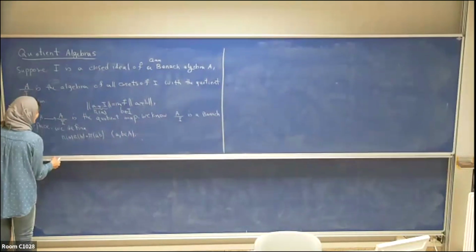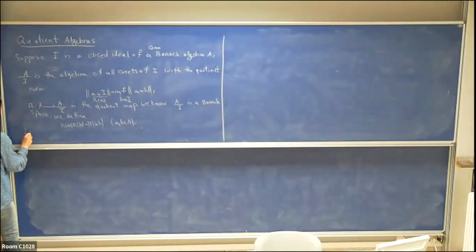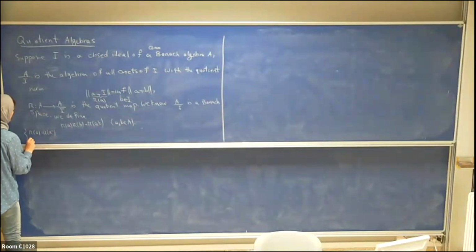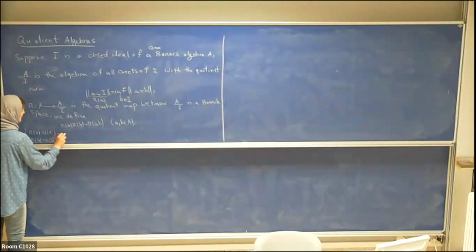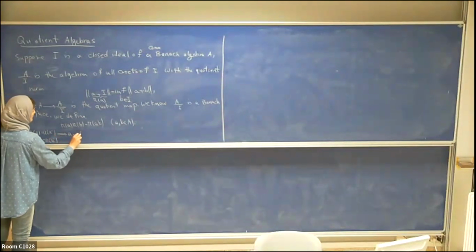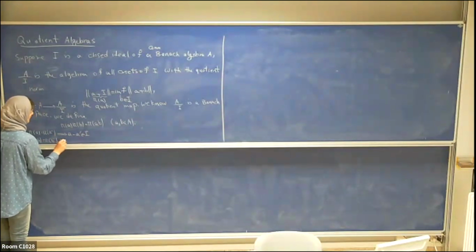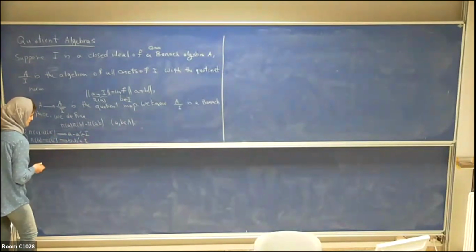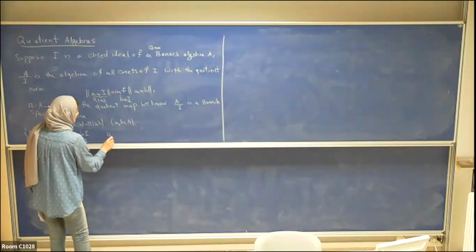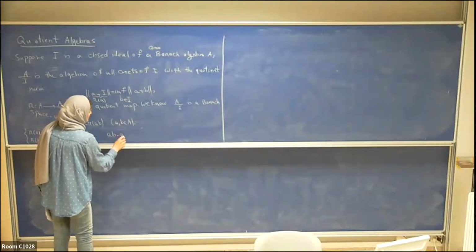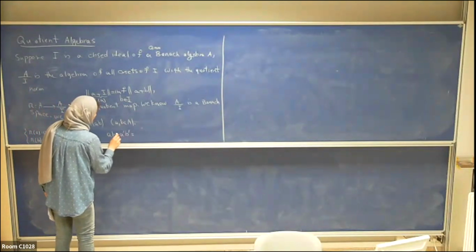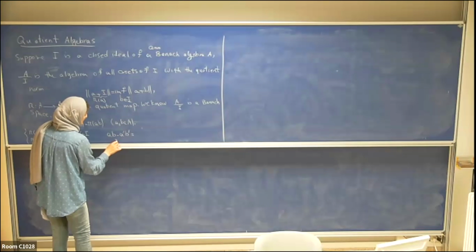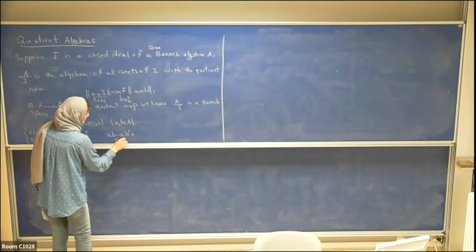And of course, we must check this definition is well defined. If P of a is equal to P of a prime, and P of b is equal to P of b prime, then a minus a prime should be in I, and b minus b prime should be in I. For ab minus a prime b prime, let's add and subtract a b prime.